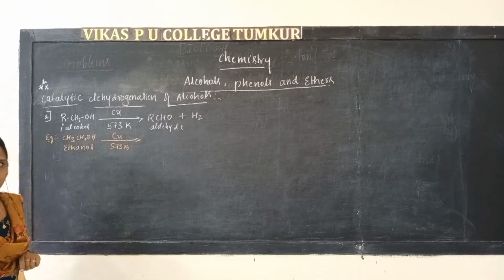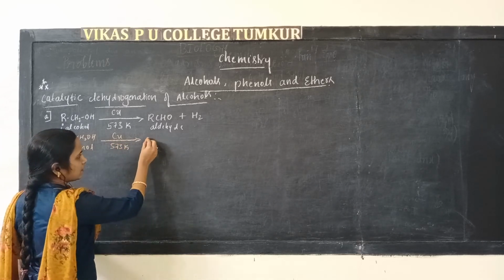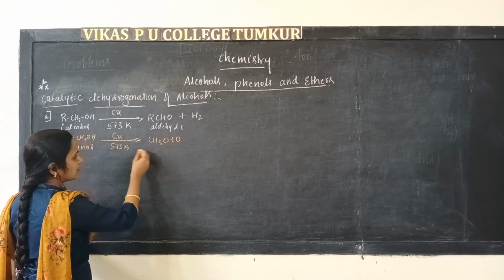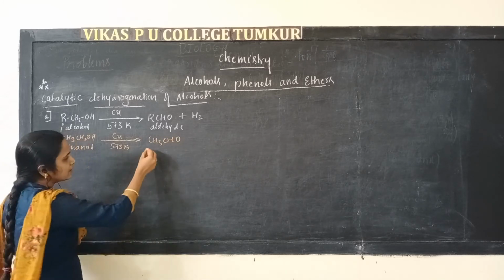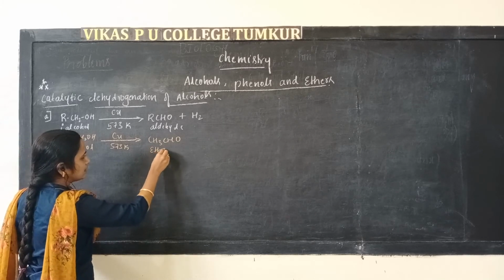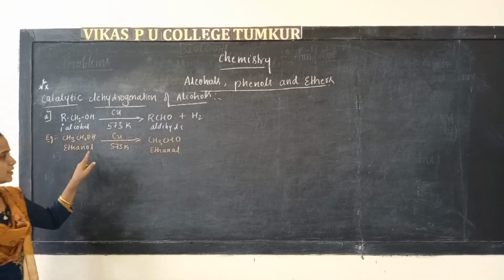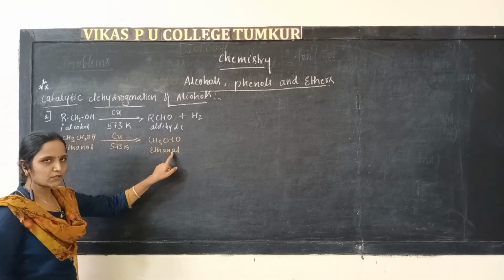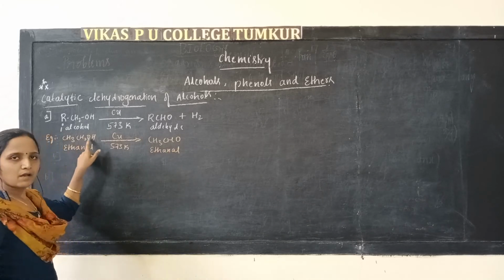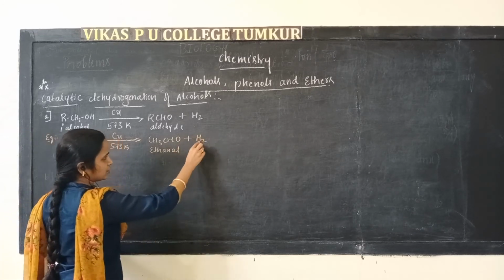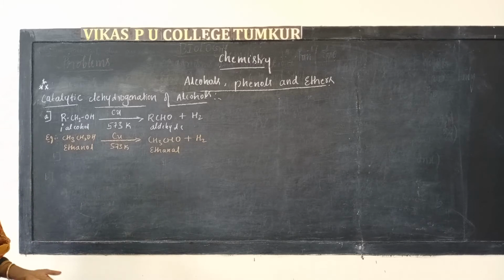We get CH3CHO, that is, it undergoes dehydrogenation. This is about the primary alcohol with dehydrogenation.